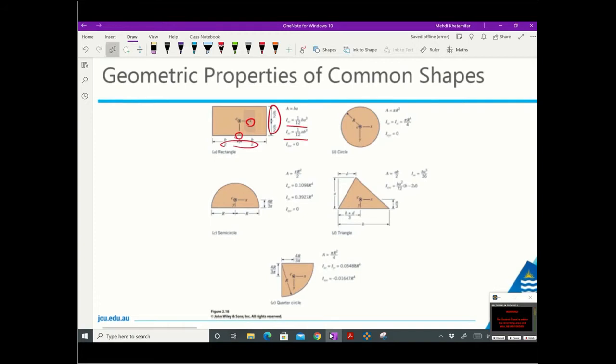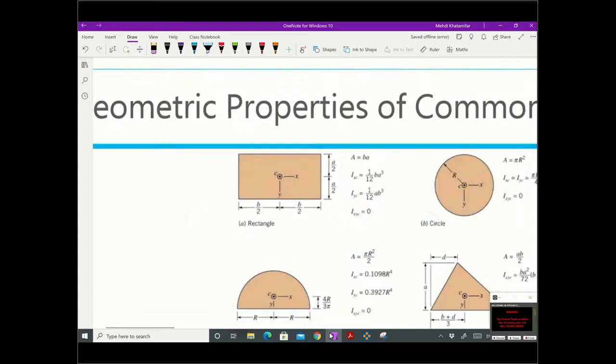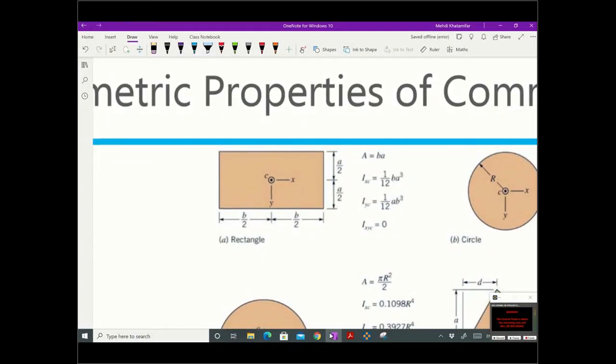See, we even talked about this point here. If you want to find Ix around x, it is going to be 1 over 12 b times h to the power 3.